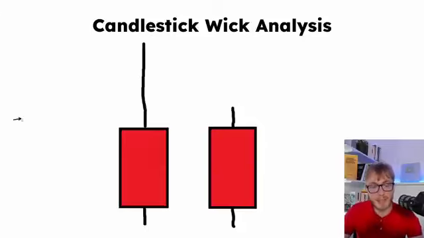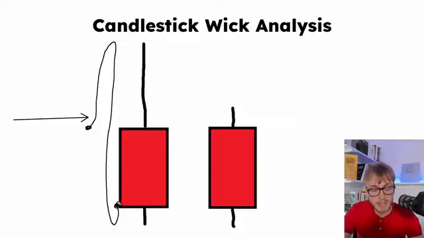Well, the answer here is that the candle to the left is more bearish, because during this candle, the price opened here. During the candle, we pushed all the way up to this point, but the bears took full control here and managed to push the price all the way down to this point. While in the other candle, we had a much weaker movement.